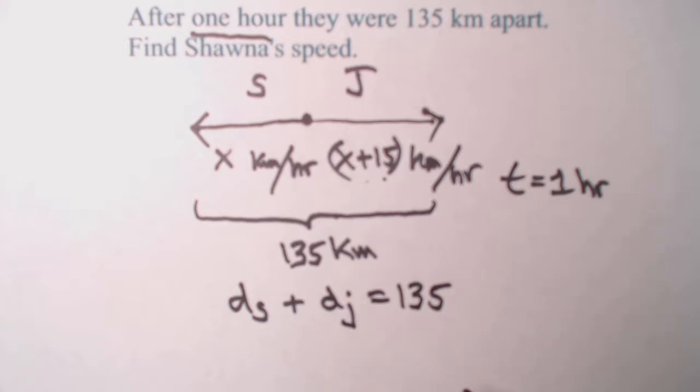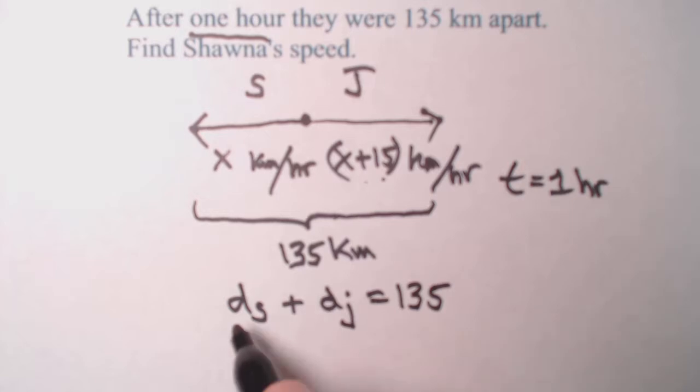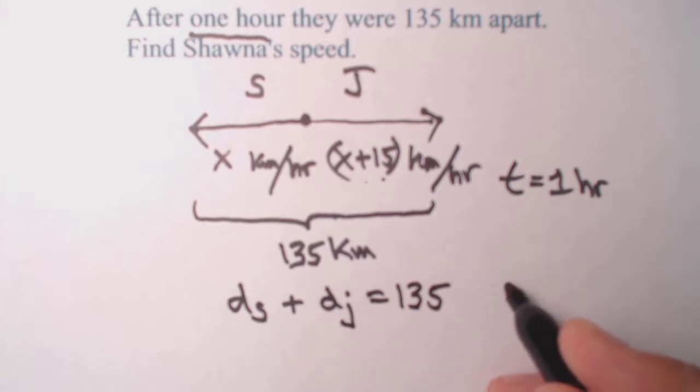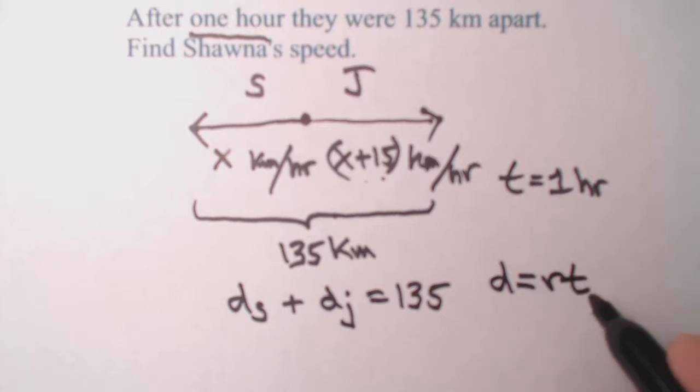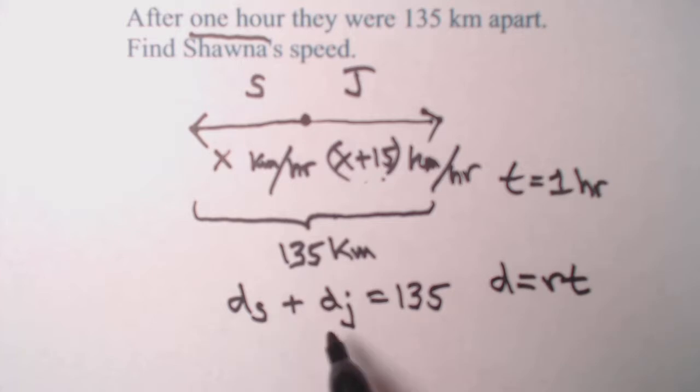Well now, we don't know these guys individually, but we do know that adding together gives us this. This is where we now make a substitution using our motion equation. We're going to replace D with what D equals, and of course remember, D equals R times T. So what I'm going to do is replace each of these D's with RT. But I'm going to put the subscript here to keep track of who's Shauna and who's Julio.